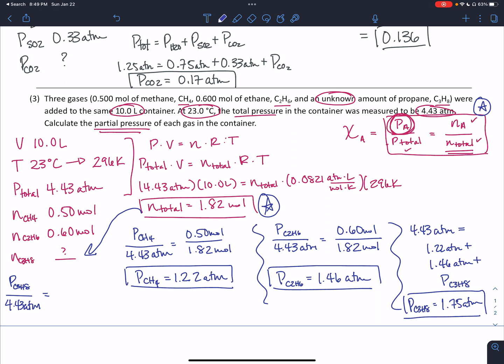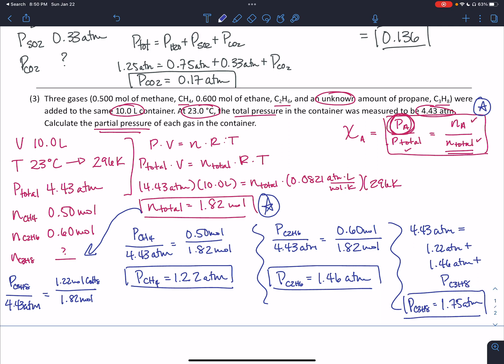So that's going to be 1.22 moles of C3H8 divided by 1.82 total moles. So then we cross multiply that, and then we divide by 1.82, and we get, whoops, I did that wrong. Sorry about that. I did something wrong there. 0.5 plus 0.6 minus. Sorry about this.